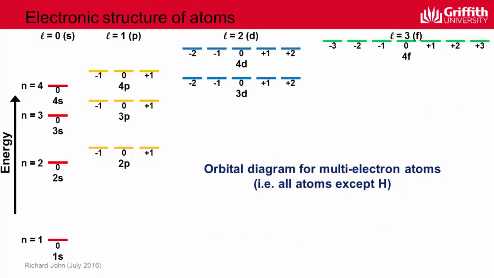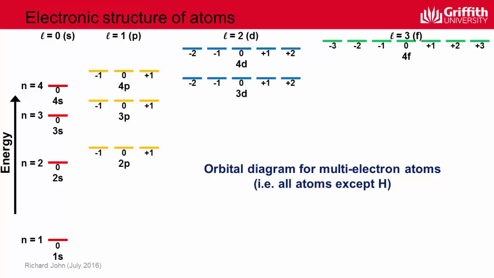So the result is an orbital diagram of energy levels like the one illustrated here, and this differs from the single atom hydrogen case, which had all orbitals within a given shell, that is with a given n value, at the same energy level.